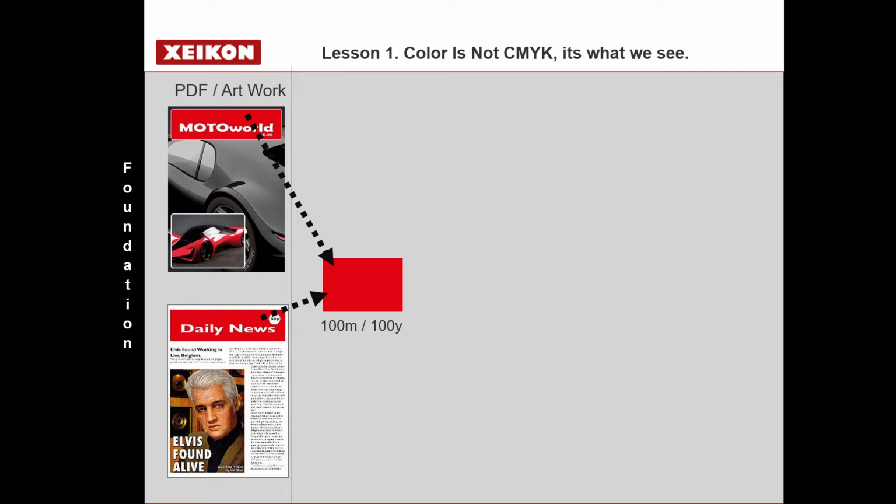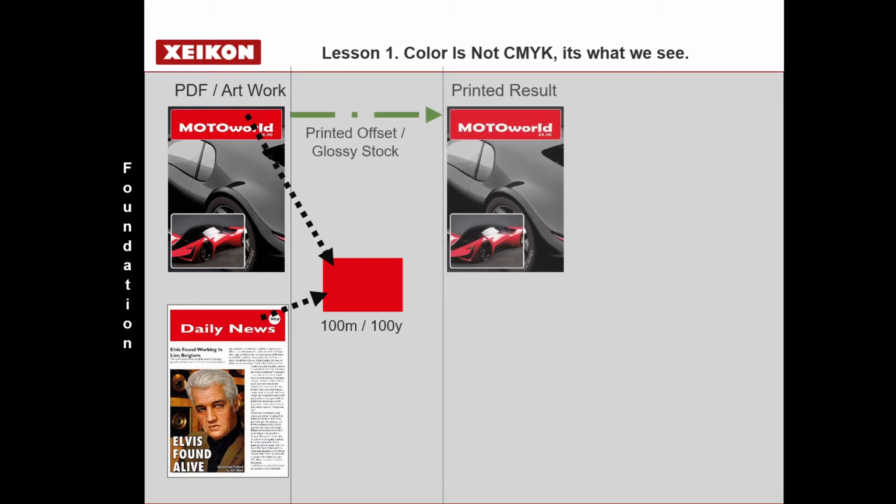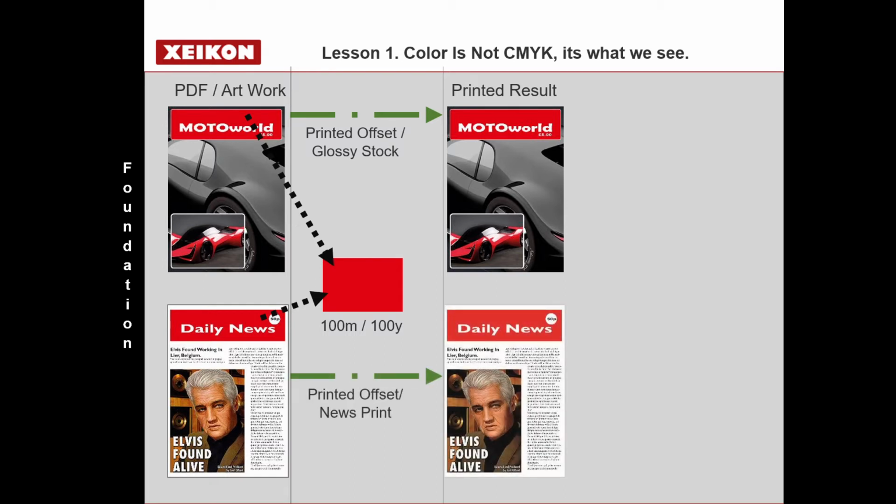I would call this process red. And then we print this separation in an offset environment on glossy stock, and then we print in a newspaper environment on news stock.